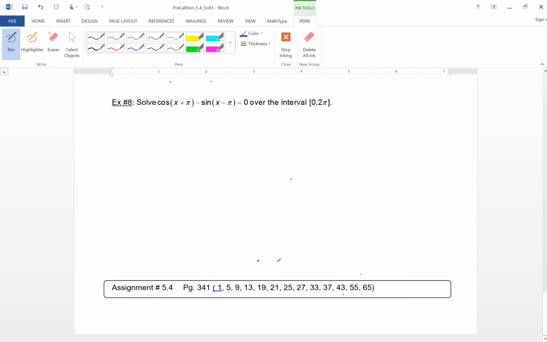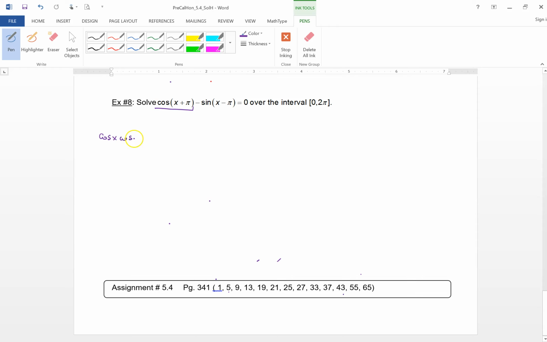Now this one. We're going to solve this. This is an equation like section 5.3, but you're going to use the identities from section 5.4. So here we have sum and difference. Here we have sum and difference. Let's go. For the first one, it's going to be cosine, cosine, sine, sine.